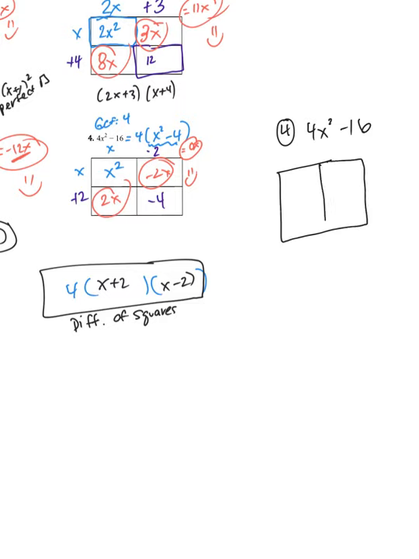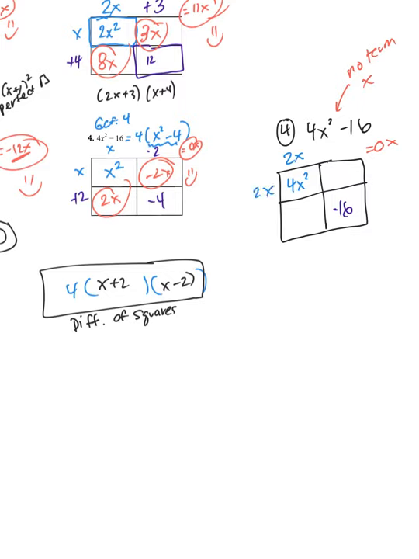I'm going to redraw my box here. And if I didn't realize it, I would have put 4x squared here, and I would have put negative 16 here, and I still would have put 0x because there's no term in the middle that just has an x. And then I would have said, well, what makes 4x squared? Either 4x times x or 2x times 2x.